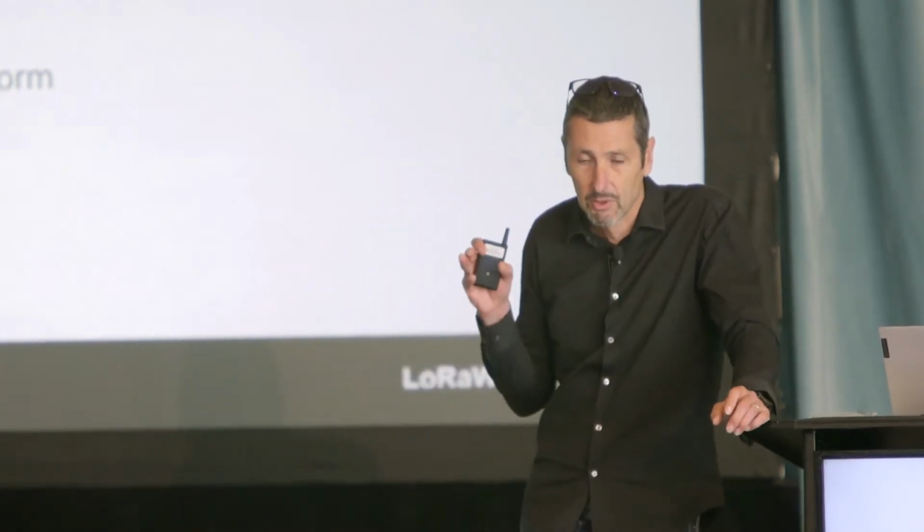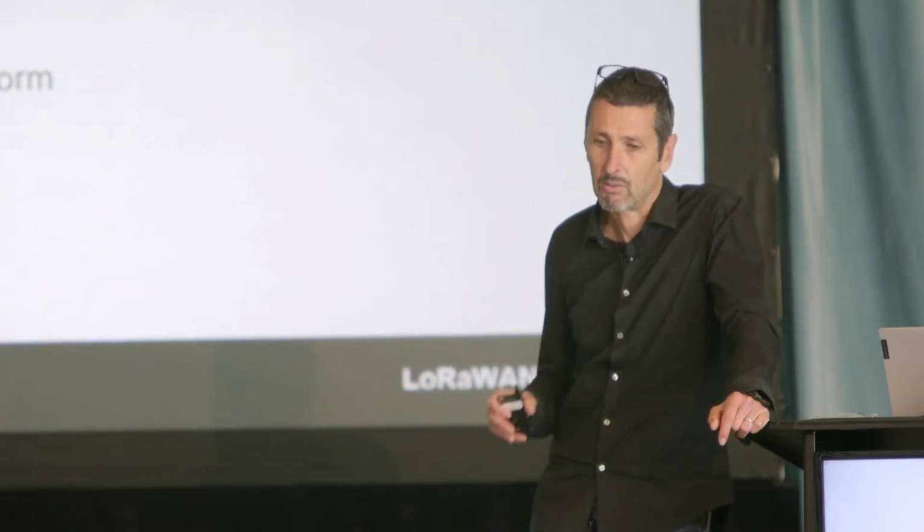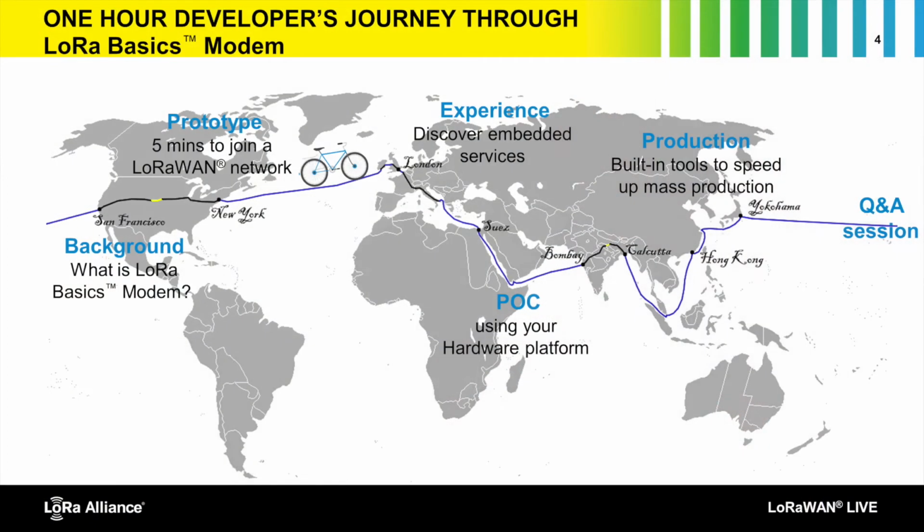That means at the beginning you start with an AVK board or something delivered by Semtech or by ST or anyone, but after you have to put it on your hardware platform. So we will see how to port the LoRa Basics Modem to your platform, and what there is to manage.